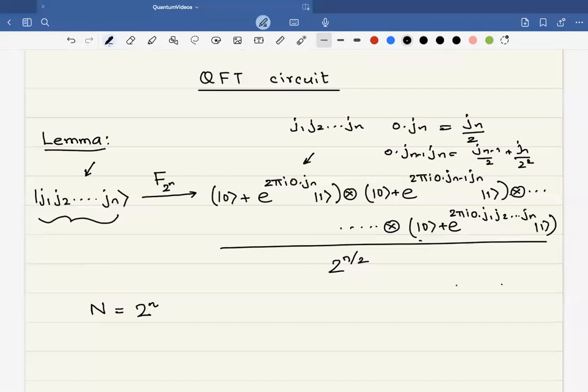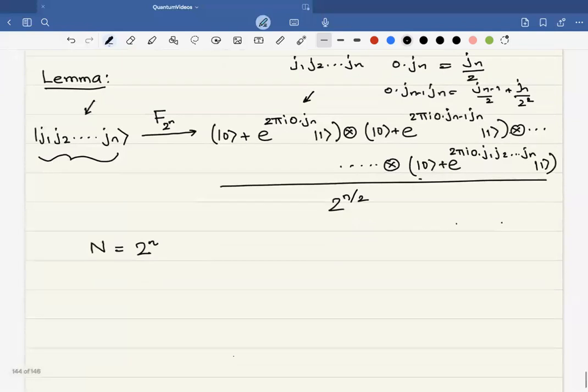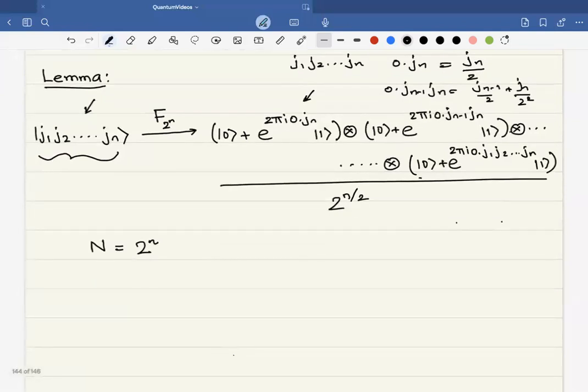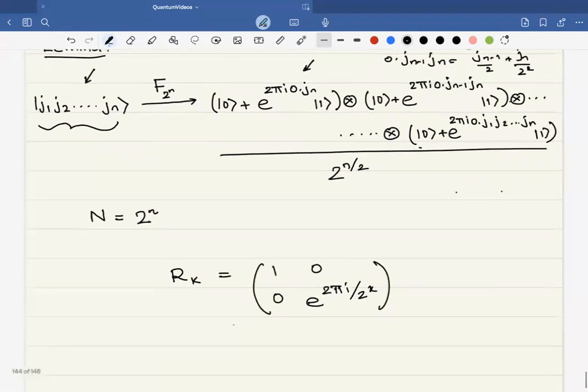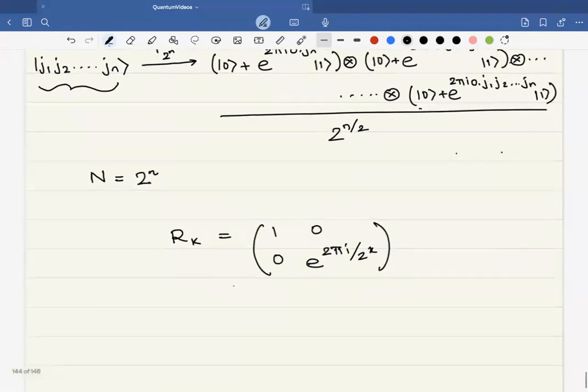Now to go from the lemma to the circuit, we'll need certain gates, and the only gate that we'll need is this gate, which is equal to the matrix 1 0 0 e to the 2 pi i over 2 to the power k. So what does this gate do?